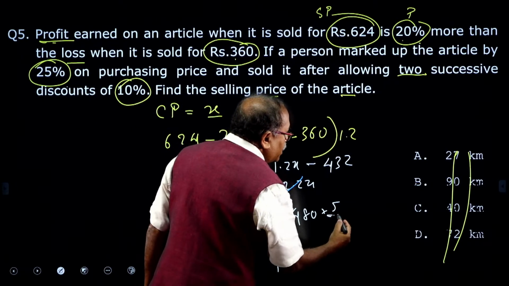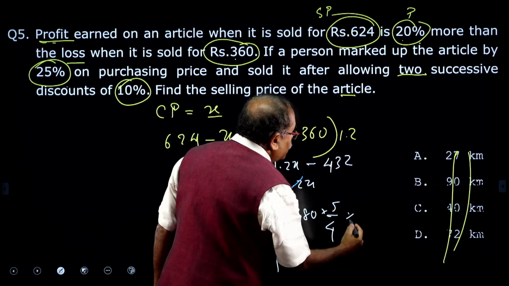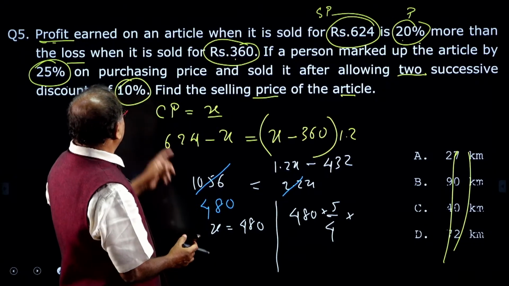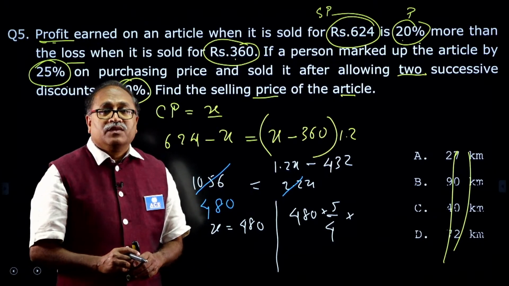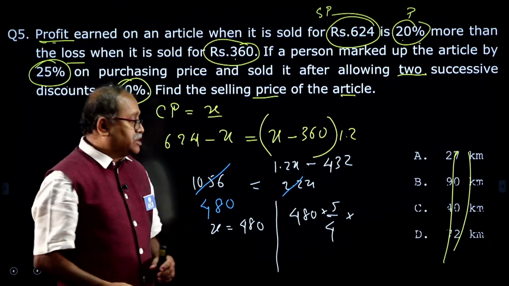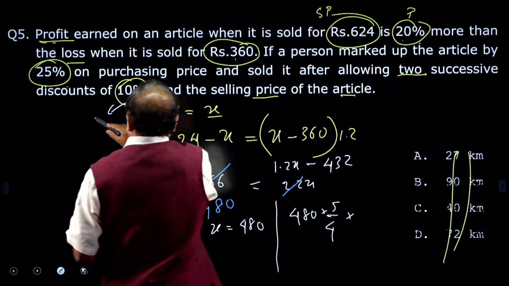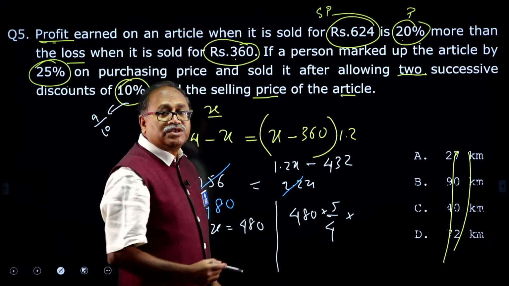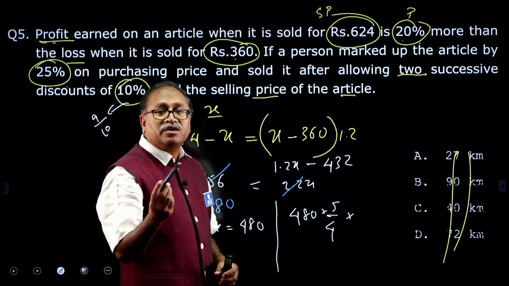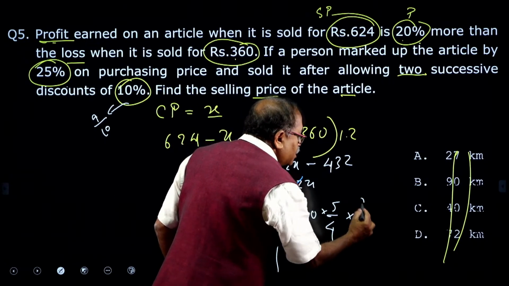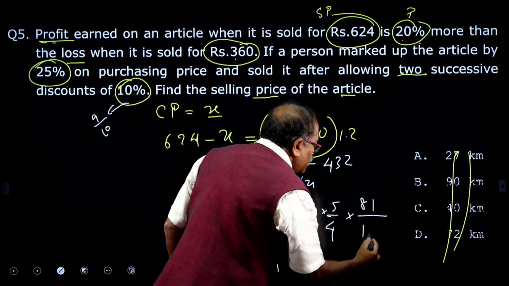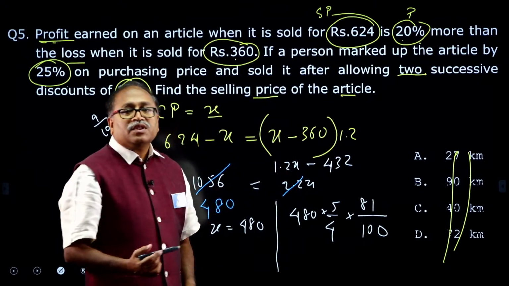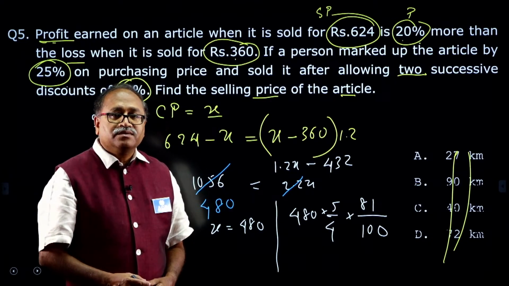And there are 2 successive discounts, that means 10% and 10%. So, 10% discount will be 9 by 10, 90%, 2 times. So, that is 9 by 10 into 9 by 10, that comes to 81 by 100. That will fix your answer.